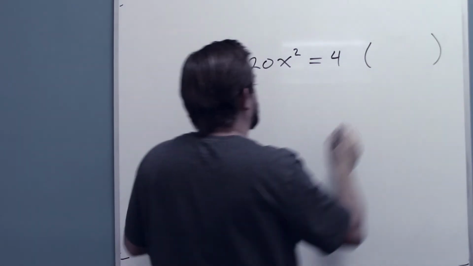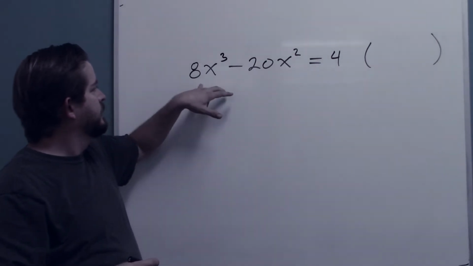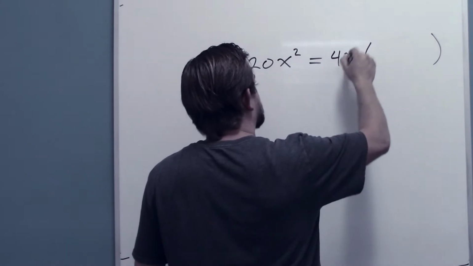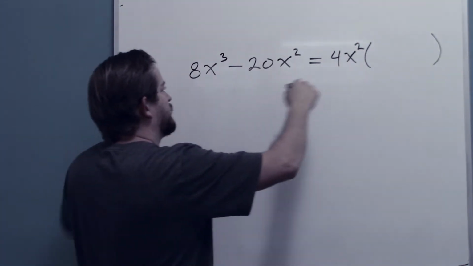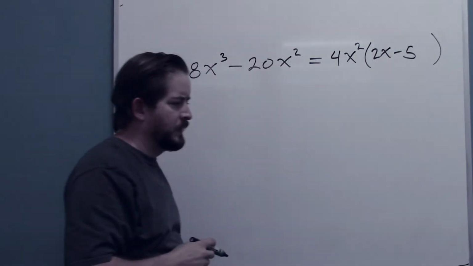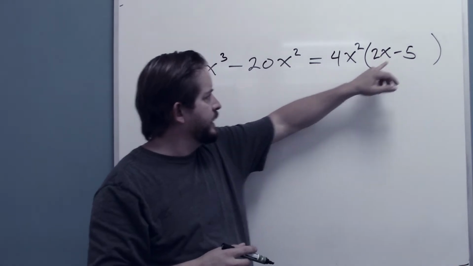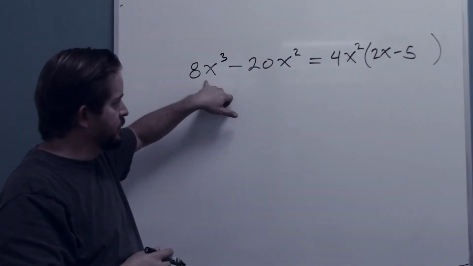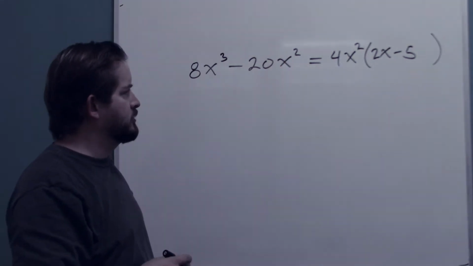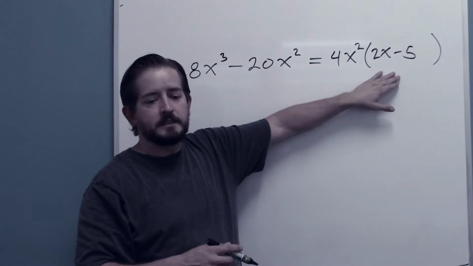I could have started with a distribution of a 4 through a 2 and a 5, and I can actually have an x squared that comes out with this as well. And I'm left with a 2x minus 5, right? If I started with what's on the right here, this 4x squared times 2x would give me the 8x to the third. 4x squared times minus 5 gives me the negative 20x squared, right? So that's an example of turning it into this right-hand side.